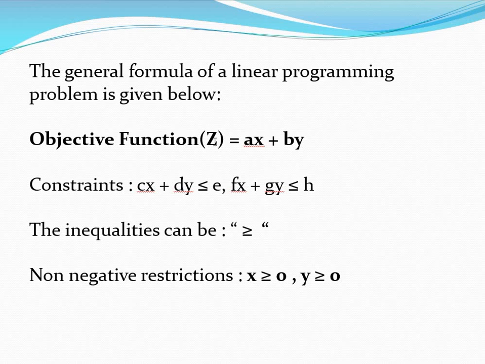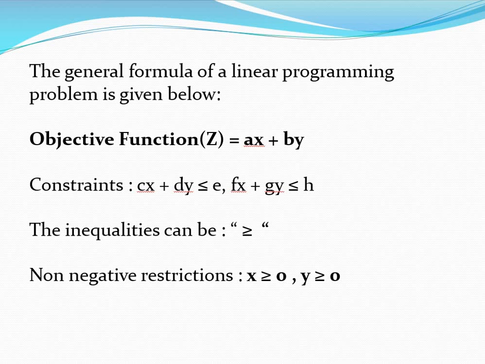The objective function we represent here in our example as Z. Z is equal to AX plus BY, and the constraints will be CX plus DY less than or equal to or greater than or equal to E, and FX plus GY less than or equal to or greater than or equal to H. But the requirement will be the non-negative restrictions, meaning X should not be less than 0 and Y should not be less than 0. This is the non-negative restriction.